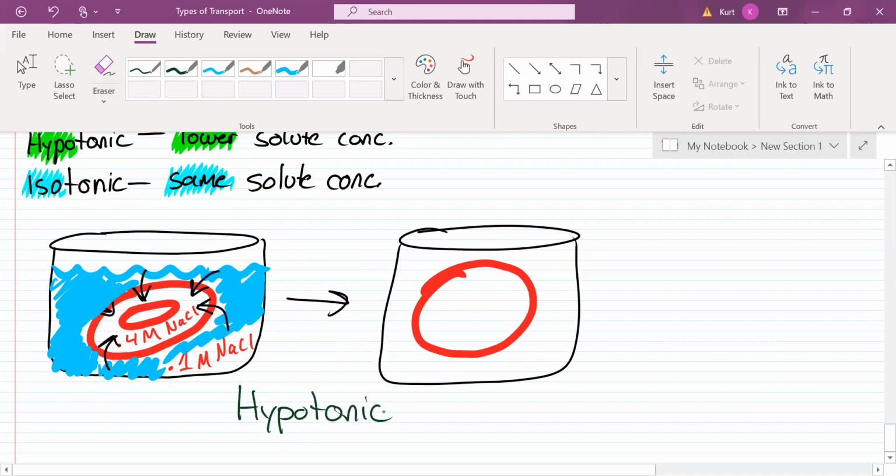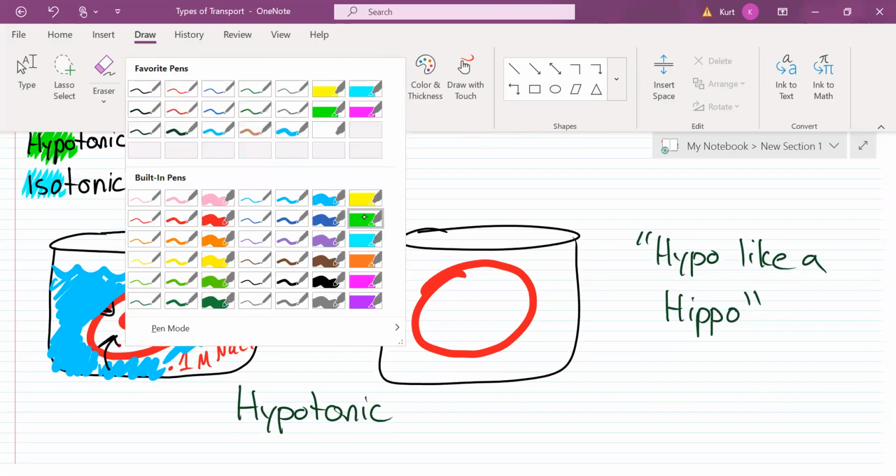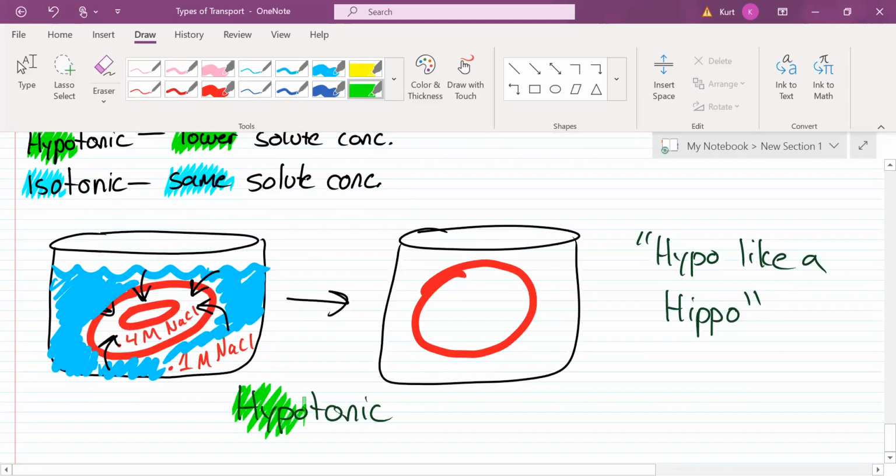I had a student a long time ago come up with a little rhyme. Hypo like a hippo. So hypotonic, you need to really pay attention to the actual prefix here, guys, because you need to make it make sense. When we say that the solution is hypotonic, you have to understand that we're talking about the solution. You can look at this in two different ways.